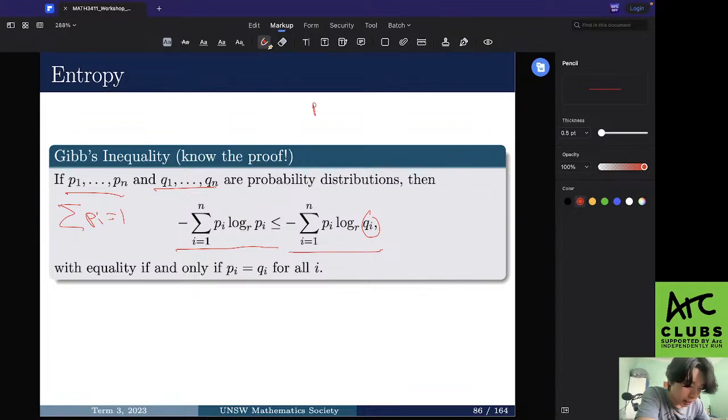So one possible change could be adding some value to P1 and then taking that value away from P2 to create the Q values, or maybe you might be doing a swap where Q3 is equal to P4 and Q4 is equal to P3. So we're just saying for any other probability distribution, if we calculate the entropy with that, then it's always going to be greater than or equal to our original entropy.